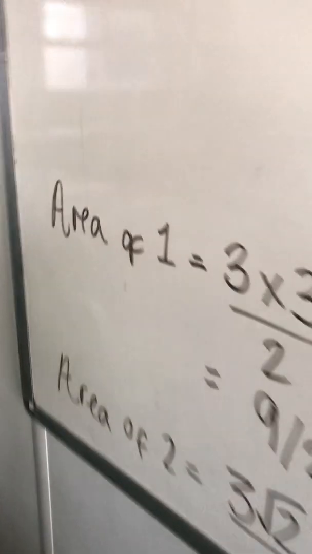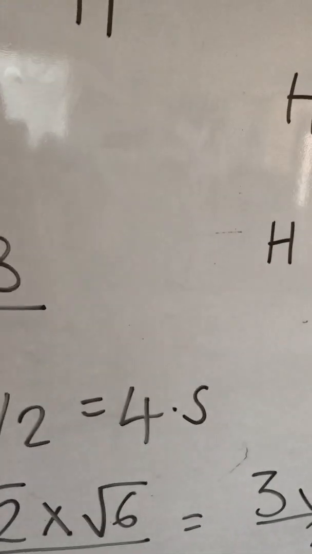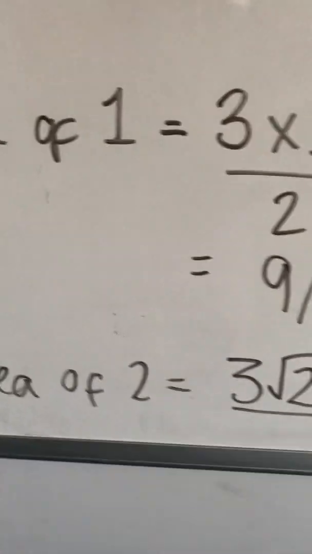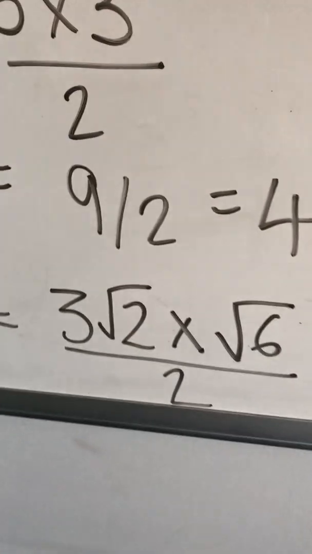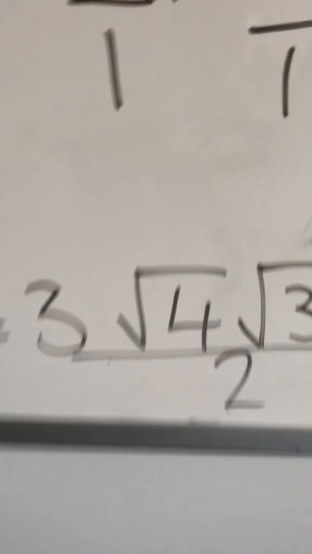And then I've worked out the area. I've worked out the area of my first triangle, which is 3 times 3 divided by 2. That's 9 over 2, which is 4.5. And then the area of my second one, because root 6 is now my base: 3 root 2 times root 6 divided by 2. 3 root 12 divided by 2.